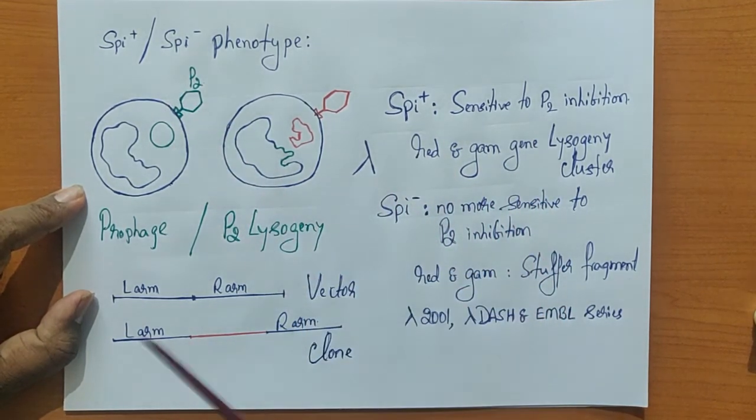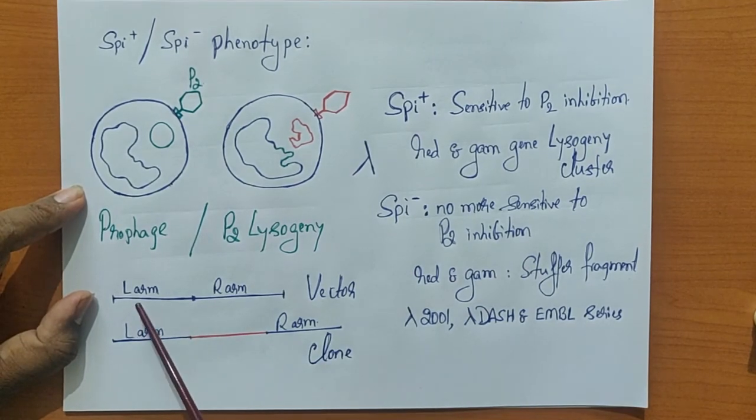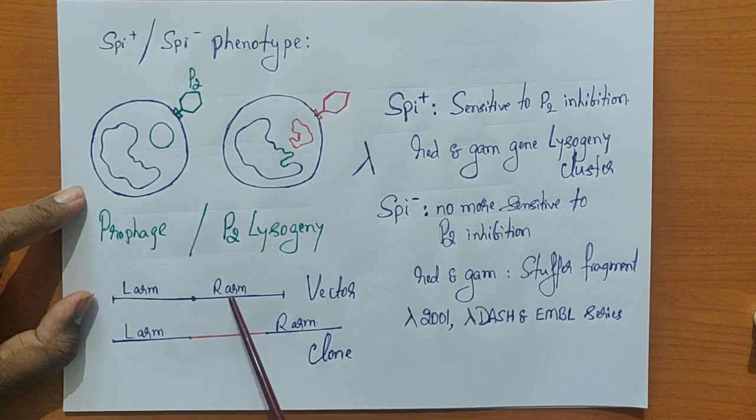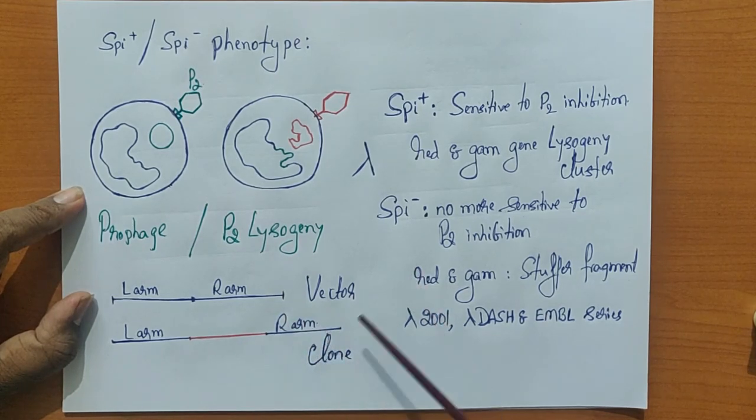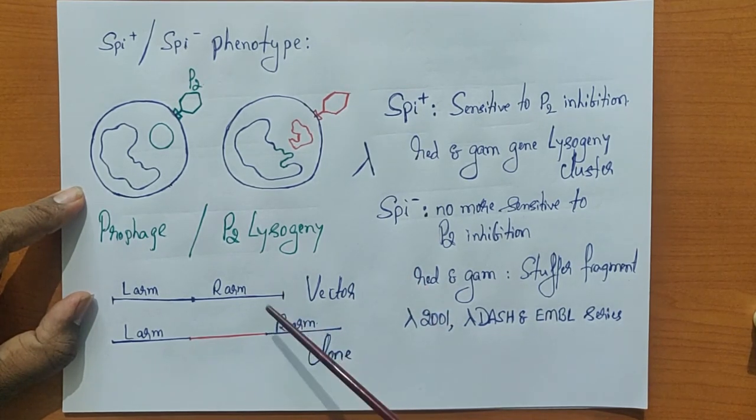In all these vectors, after the ligation, the left arm and the right arm can combine together to form the vector, or we can get the vector back. Another one is going to be the clone. So when you look at these two, either the vector or the clone, how are we going to incorporate this into the E. coli host?